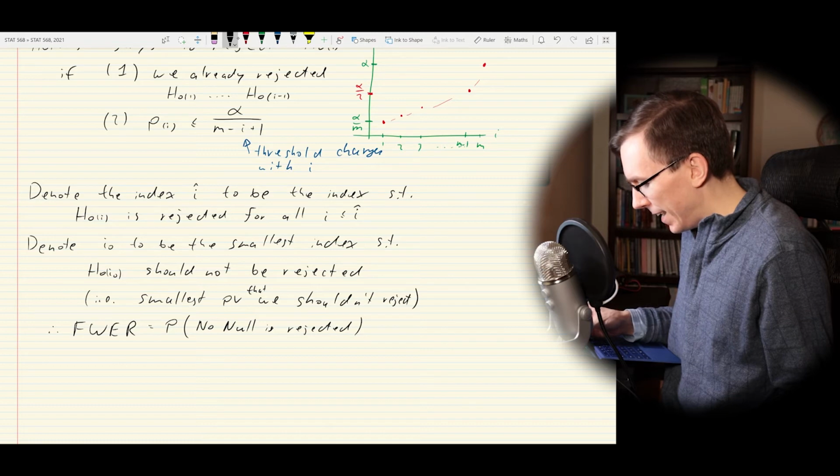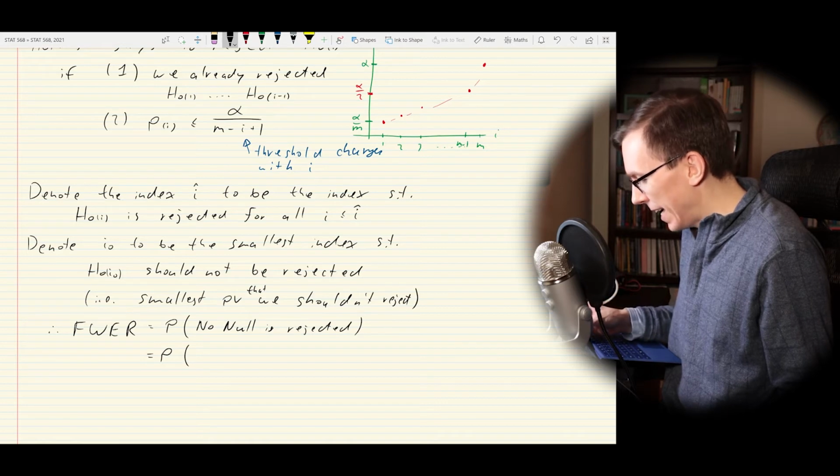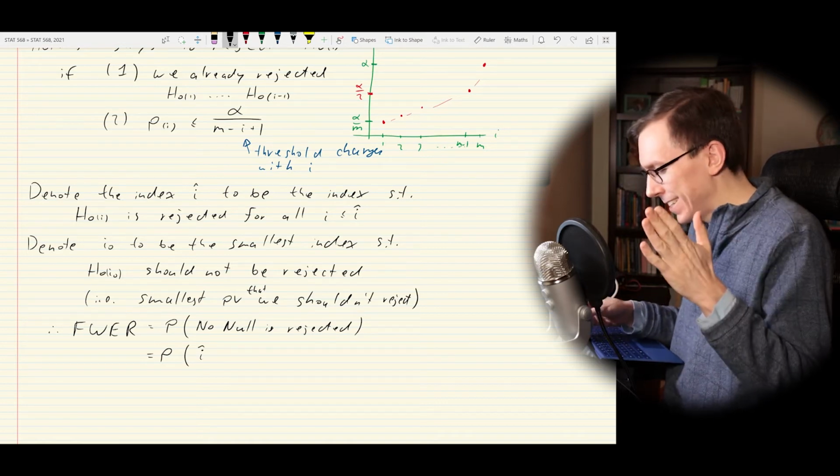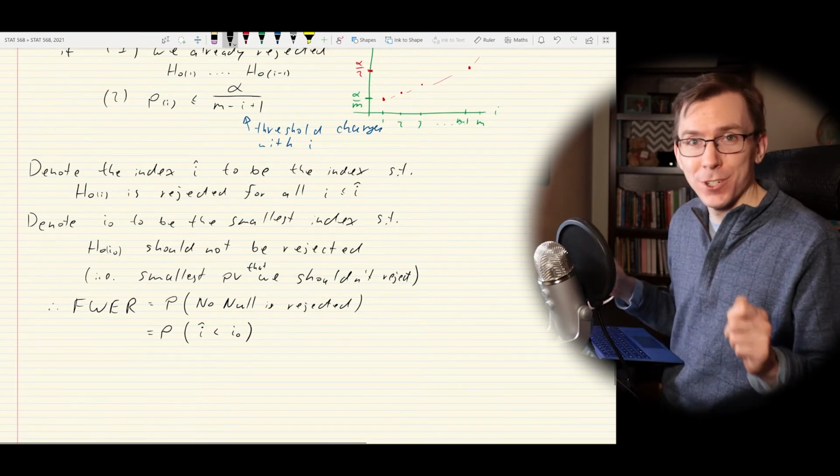In this I and I hat notation, it is the probability that I hat, the largest index rejected, is strictly less than I naught, the smallest index that we shouldn't reject.